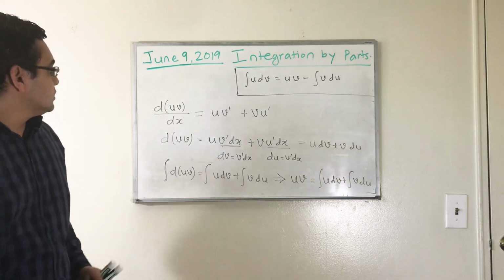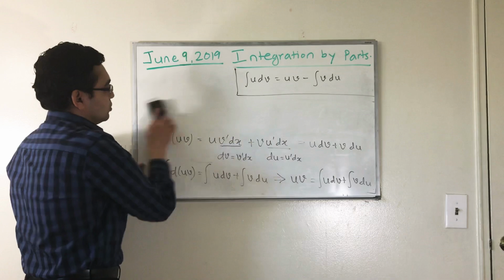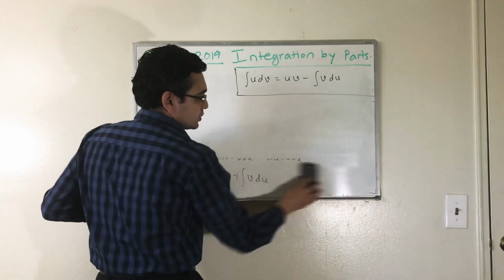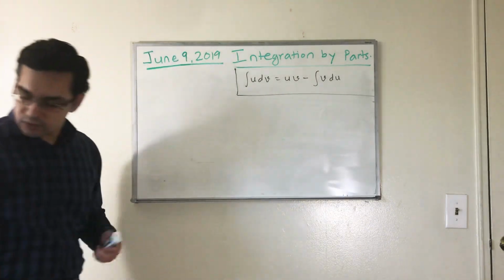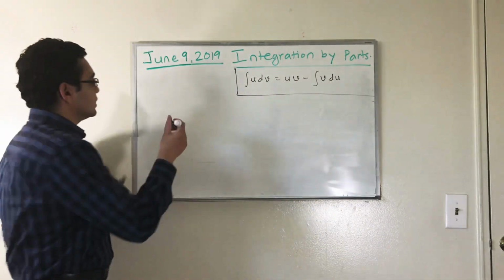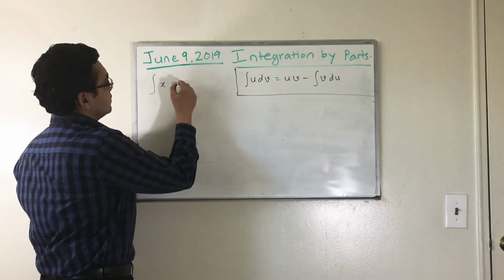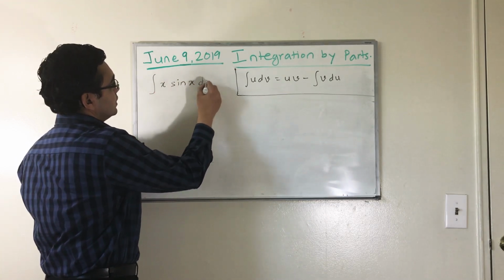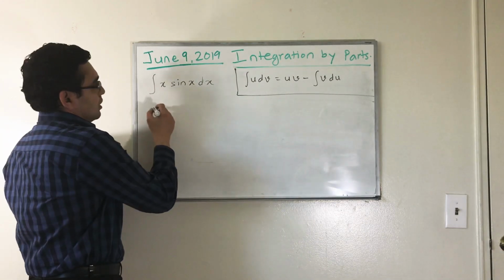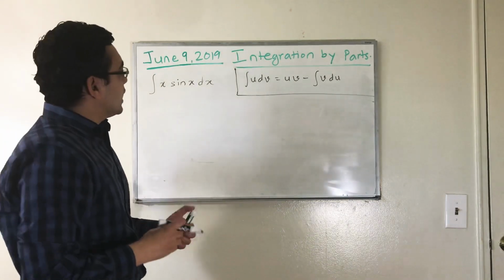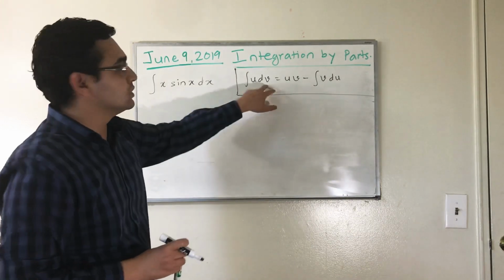All right, so let's try to apply this formula to the problem which we started with, which is integral of x sine x dx. The first job you want to do is identify which part of this is u and which part of this is dv.